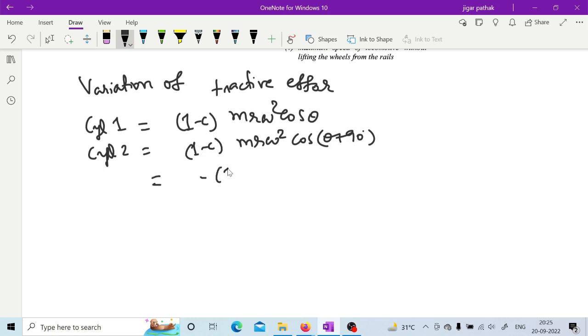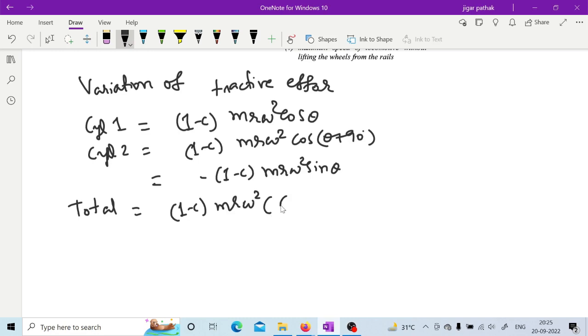And if you further simplify, then it will be minus (1 minus c) m r omega square sin theta, right? So if you see the total unbalanced primary force or total variation of tractive effort, then it will be (1 minus c) m r omega square (cos theta minus sin theta), right? That is the total variation of tractive effort.